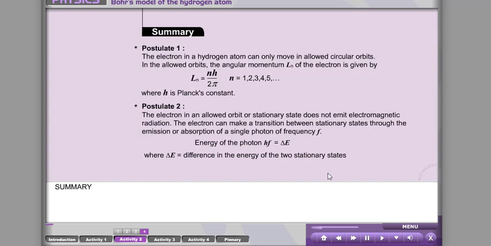The electron in an allowed orbit or stationary state does not emit electromagnetic radiation. The electron can make a transition between stationary states through the emission or absorption of a single photon of frequency f. Energy of the photon hf equals delta E, where delta E equals the difference in the energy of the two stationary states.